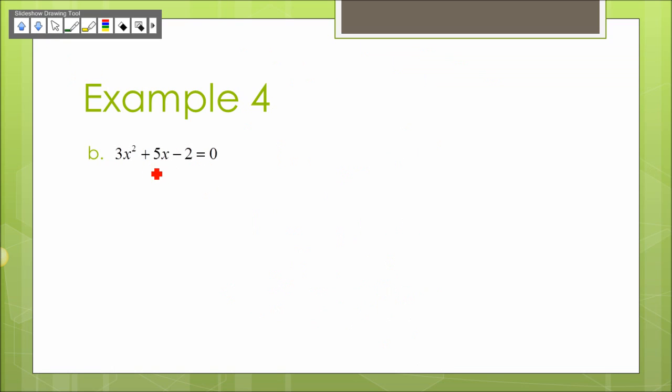Okay, first step, we need to multiply the values of A and C together. So that's 3 and minus 2. That gives us minus 6. This is the number that we look for factors of.